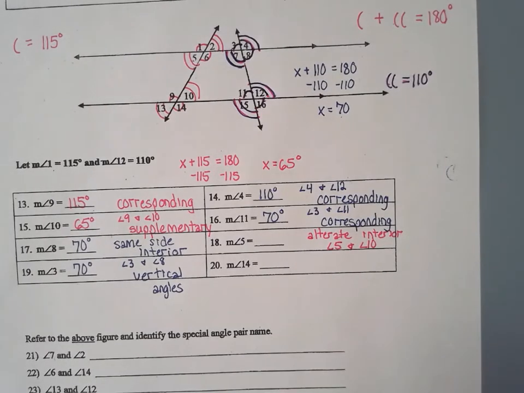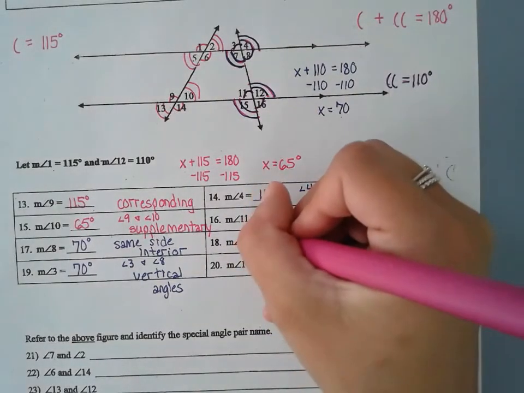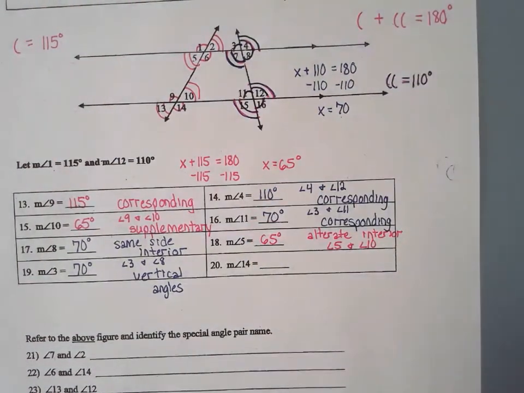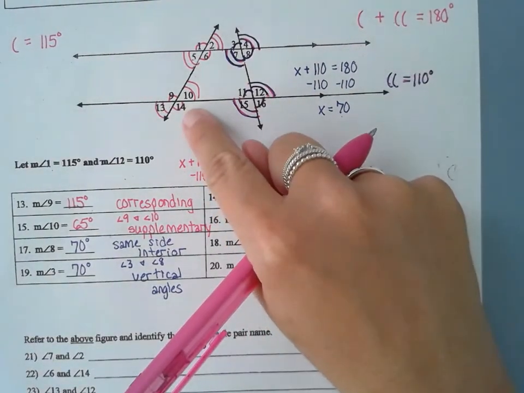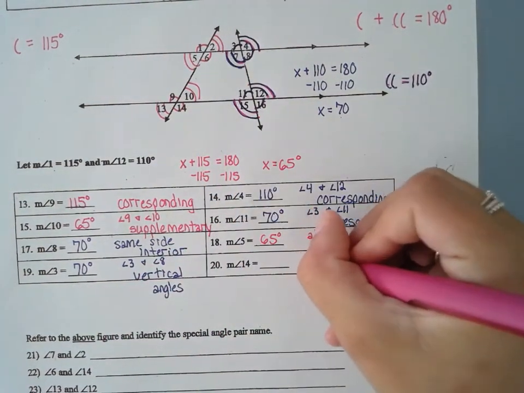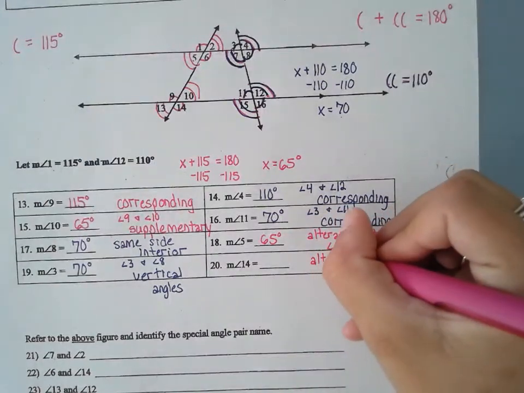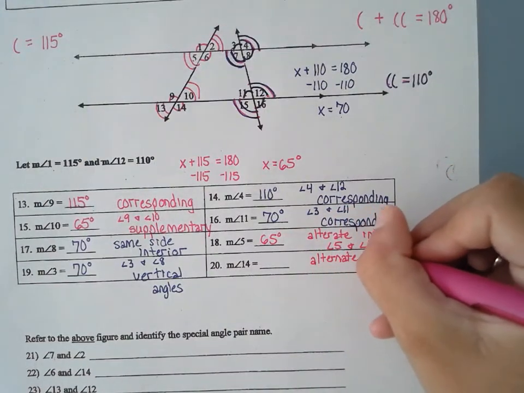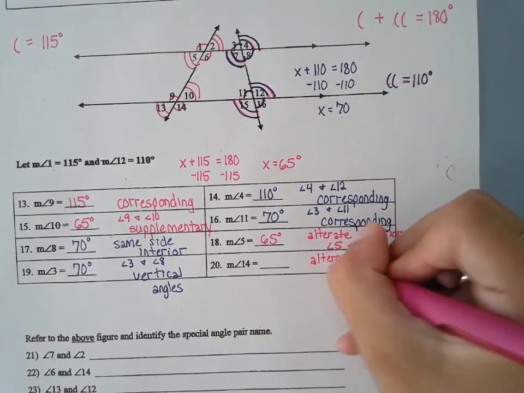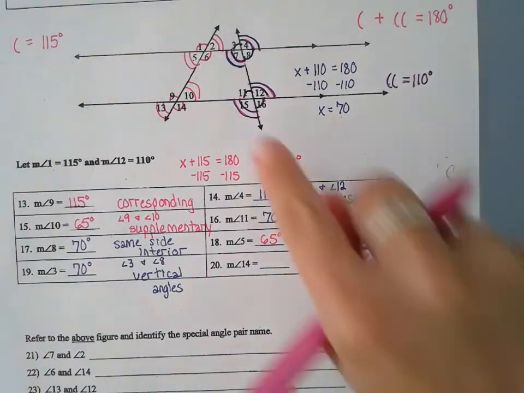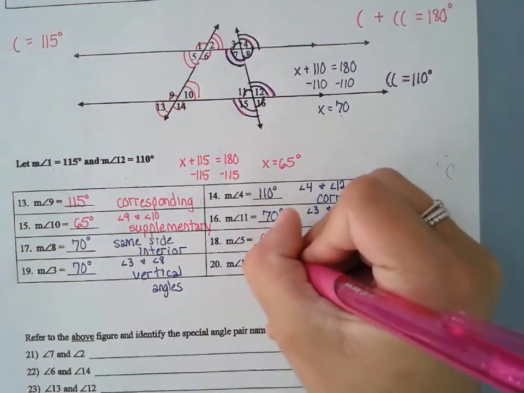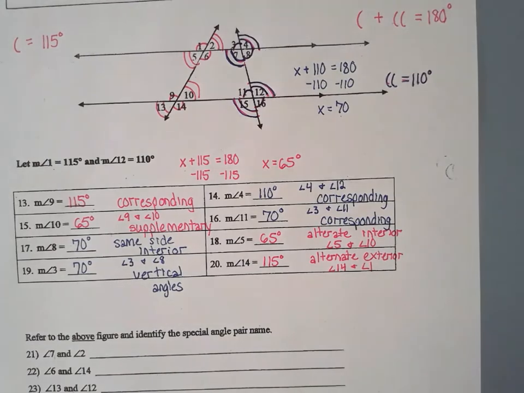Alternate interior angles are congruent, so angle 5 must also be 65 degrees. And then finally, angle 14 is an alternate exterior angle with angle 1. So since these are alternate exterior angles, that means that that must be 115 degrees as well.